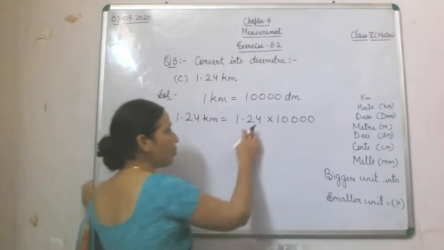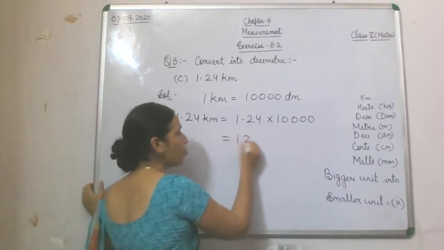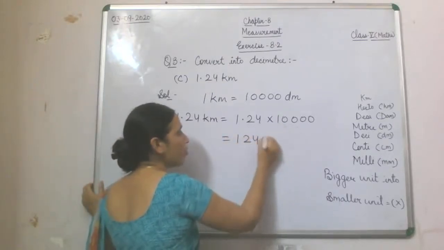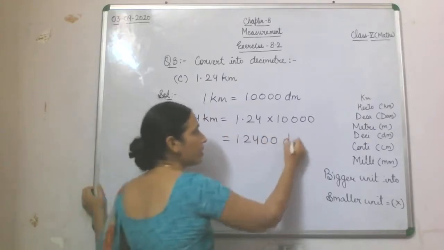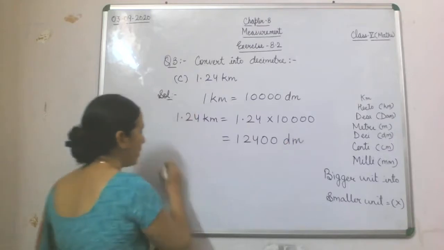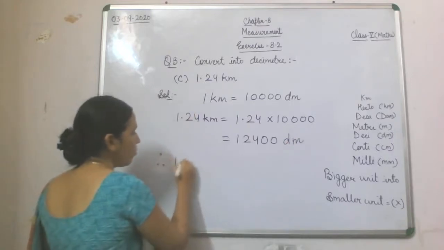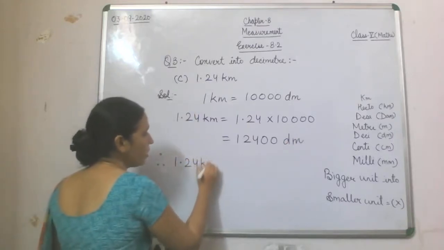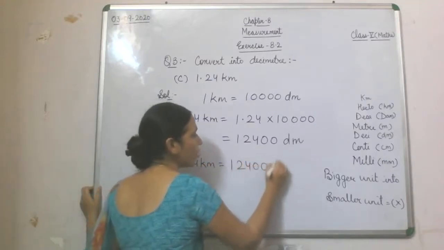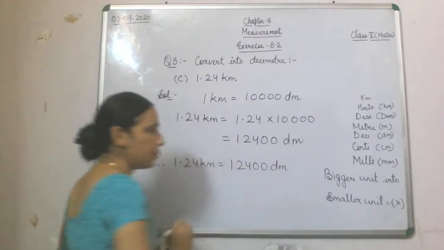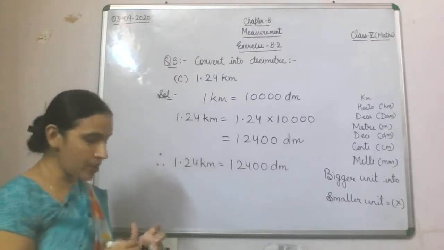We have only 2 places here, 1, 2, 4, then we will add 2 zeros. And what is the answer here? The unit will be decimeter. Therefore 1.24 kilometer is equal to 12400 decimeter.